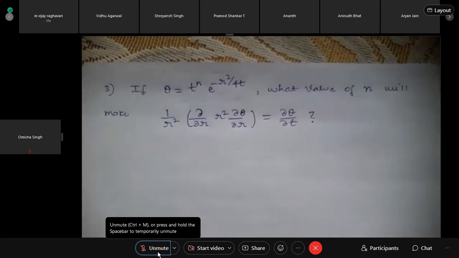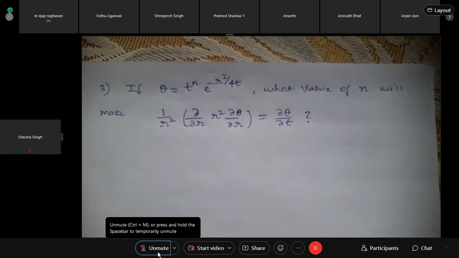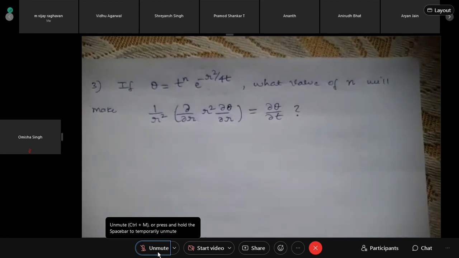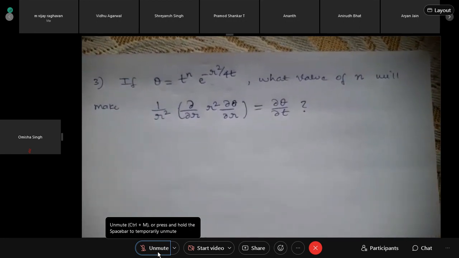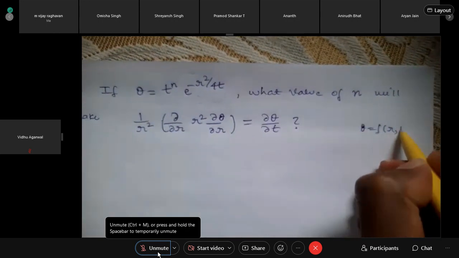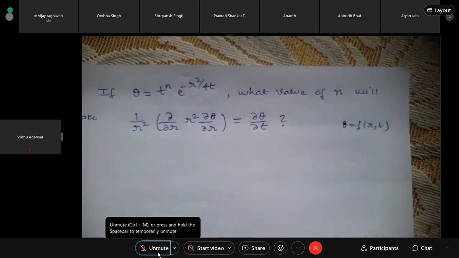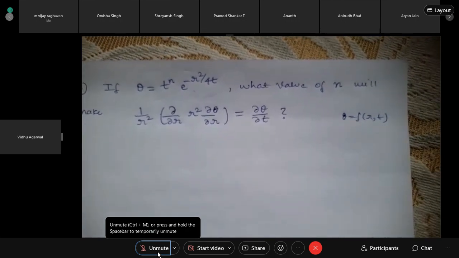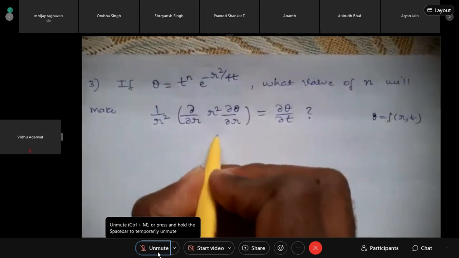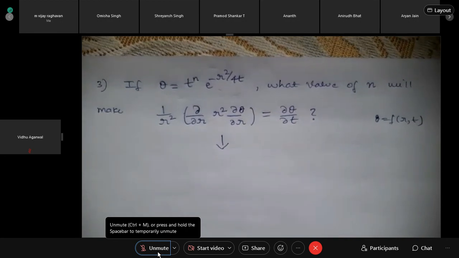Please do not blindly conclude that r and theta are independent. Here, theta is the dependent variable; r and t are the independent variables. Theta is a function of r and t. How do you differentiate it? That's the question.